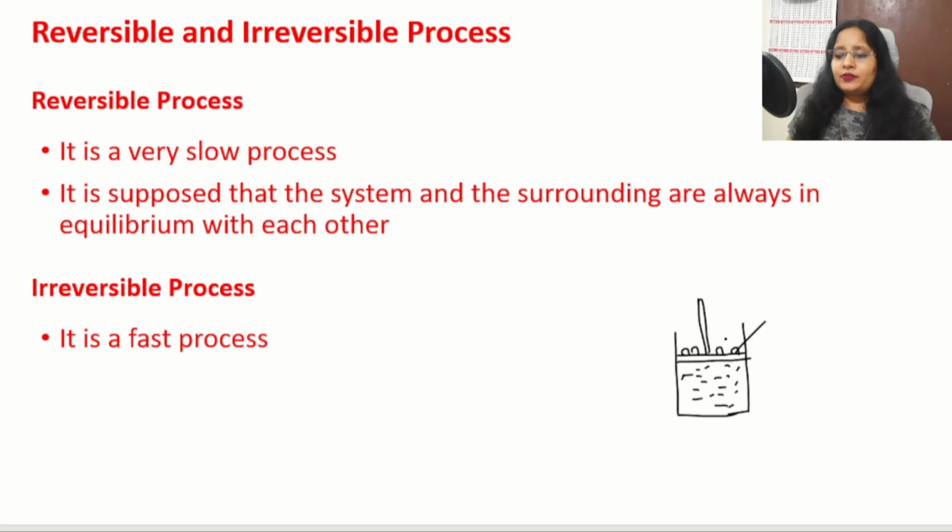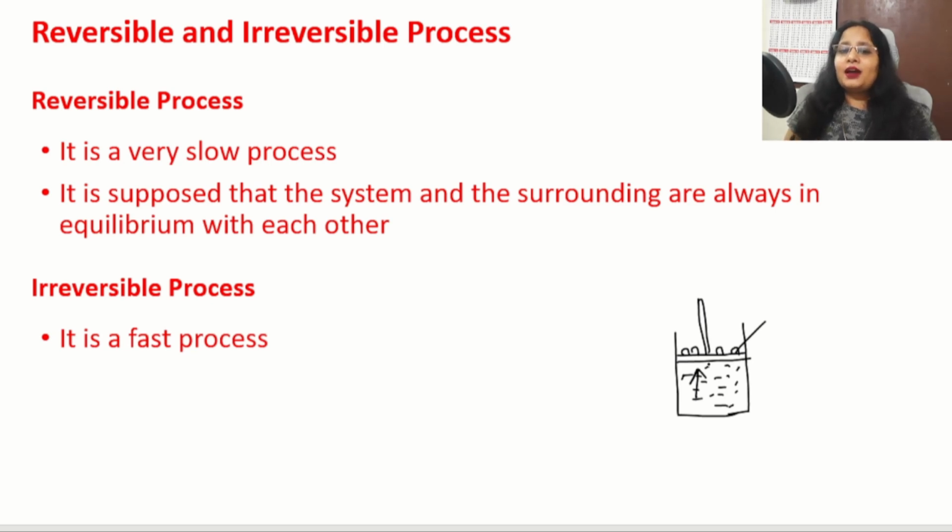Once we remove a small weight, the piston moves back and the gas will expand a little, because a little weight is removed. So the pressure is a little less, and the gas will expand a little.